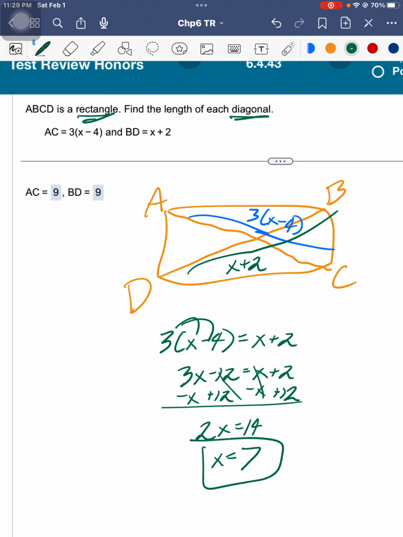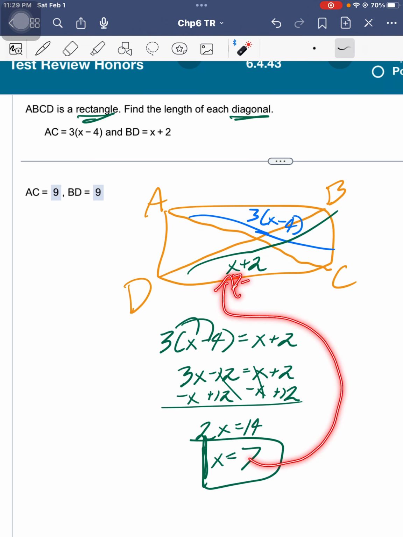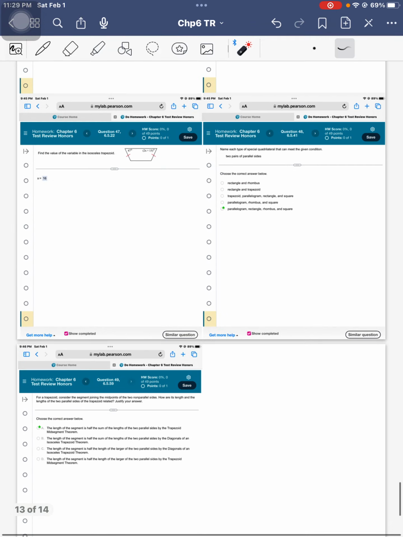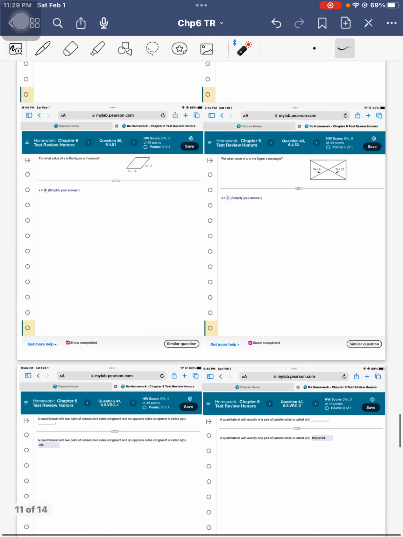X is 7. So now if x is 7, we just got to plug it into one of them, because what do I know about diagonals? They're congruent. So if I find the length of one diagonal, I'll be able to find the length of the other one. So what is 7 plus 2? It's equal to 9. So they should both be 9. Perfect.